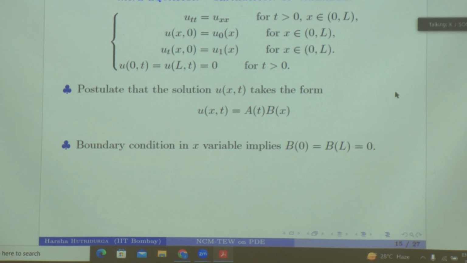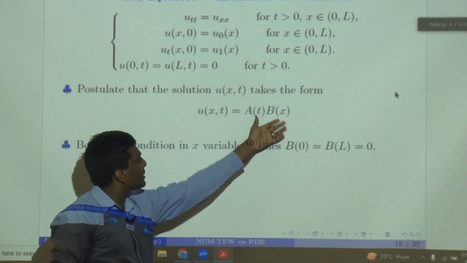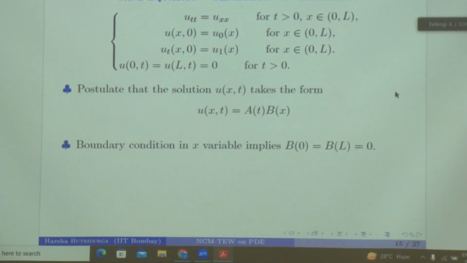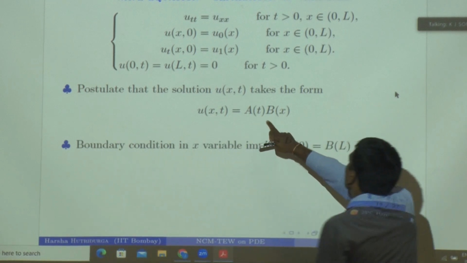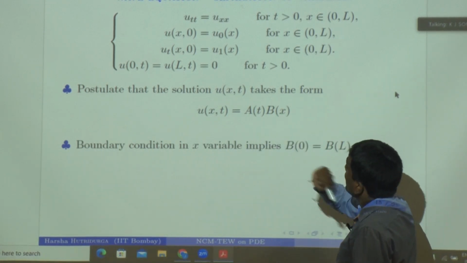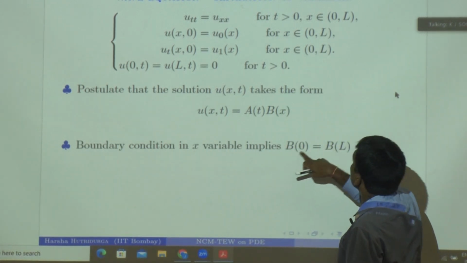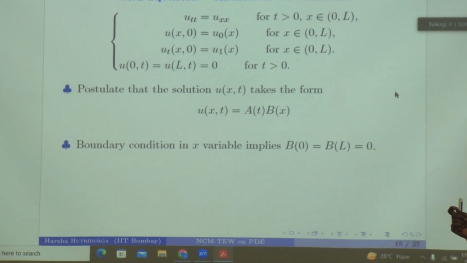So a of t better not be 0 all the time, because this is in the variable separable structure, u will become identically 0. So that kind of forces you to take b of 0 to be 0, and similarly that forces b of l to be 0. So we are assuming that we have got this structure for u, and this boundary condition forces us to take that this function in the x variable should vanish at the two endpoints. Okay.